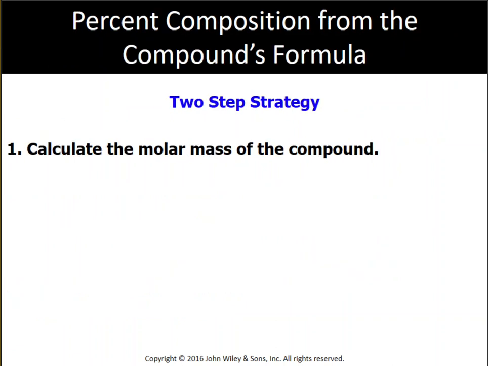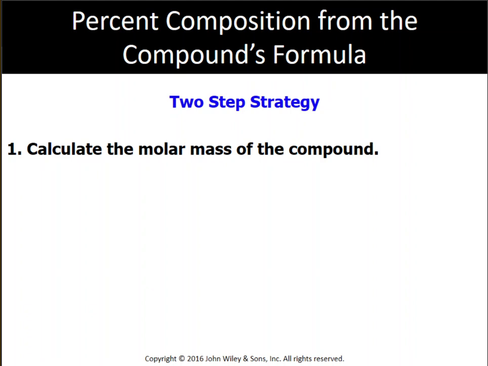Now, let's look at a couple of examples, and then I'll show you, when we don't know what the actual formula is, how we can find the empirical or molecular formula based on the experimental data. But let's do a couple of examples. We first start with known chemical formulas, and then we look at the experimental data.